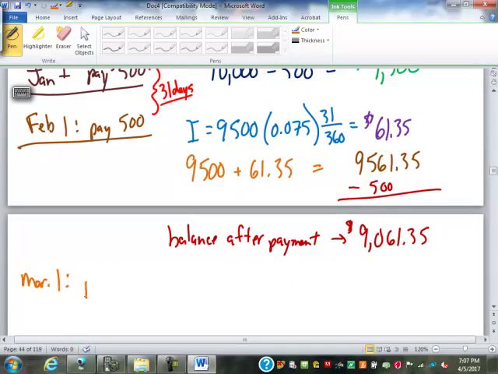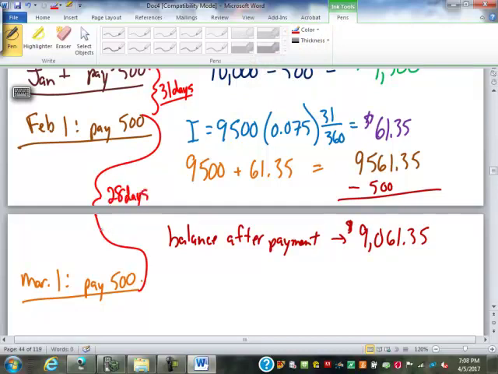On March 1st, you make another $500 payment. From February 1st to March 1st, assuming a non-leap year, is 28 days.